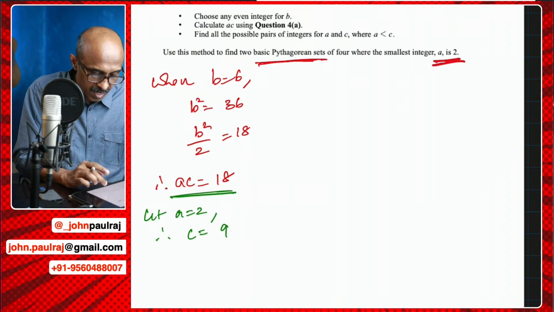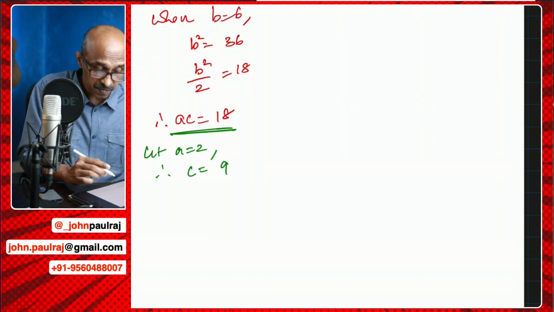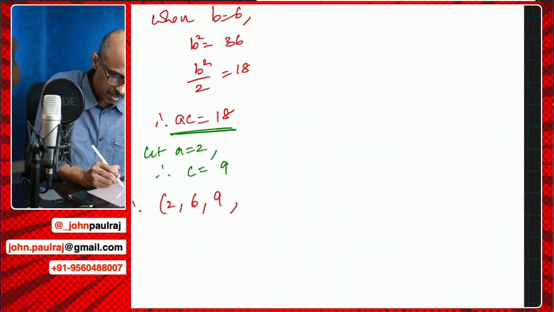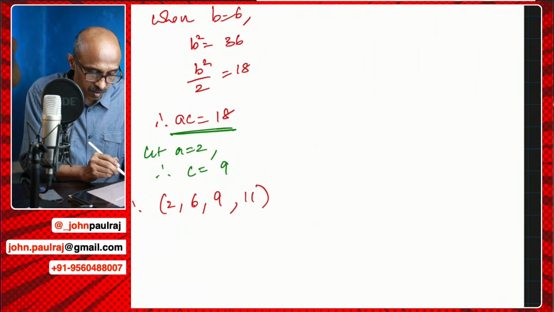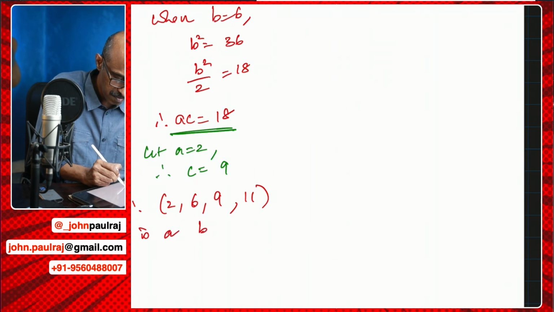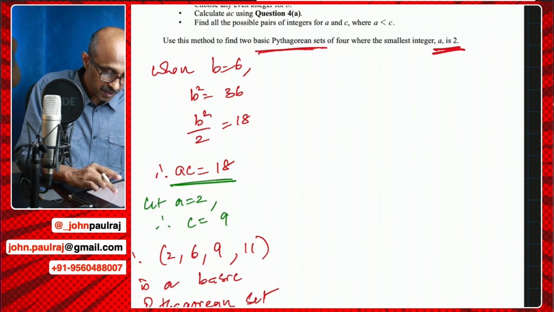A and C are found, and the same idea of D will work: A plus C will be equal to D. So the set has to be 2, B is 6 and C is 9, A plus C is 11. So there's no common factor for all these 4 integers, 2, 6, 9, 11. That's a basic Pythagorean set of 4.